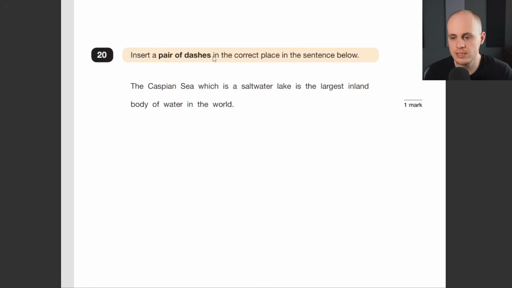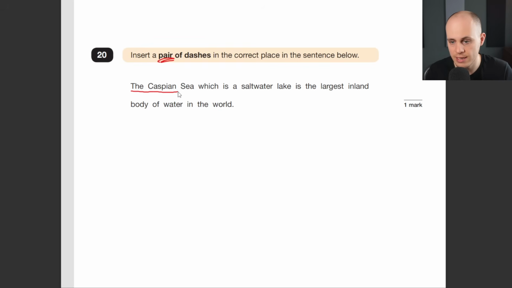Number 20, insert a pair of dashes in the correct place in the sentence below. A pair of dashes, guys. So like the pair of commas, but a pair of dashes. It's actually the same question because pairs of dashes, commas, and brackets can do the same thing. They can be replaceable, interchangeable. The Caspian Sea, which is a saltwater lake, is the largest inland body of water in the world. I'm looking again for the main clause. It's clearly going to be wrapping around the sentence because I've got a pair of dashes.